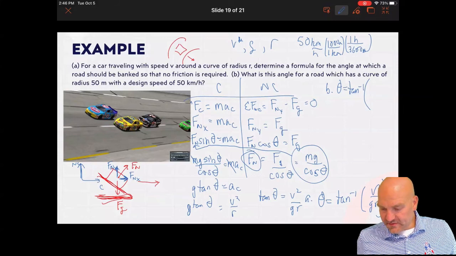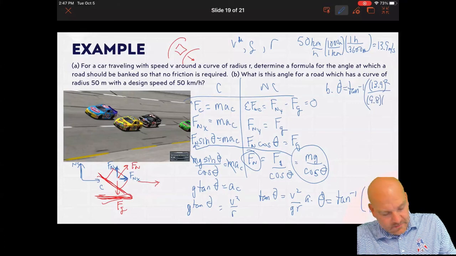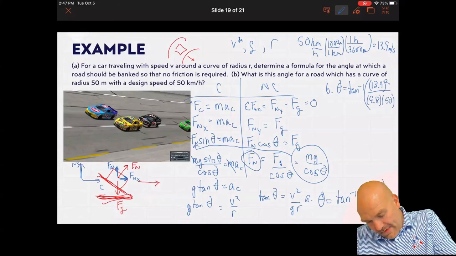So I'm going to say 50 times 1,000 divided by 3,600, and it's going to be about 13.9 meters per second. So I'm going to do 13.9 squared over 9.8 times 50.